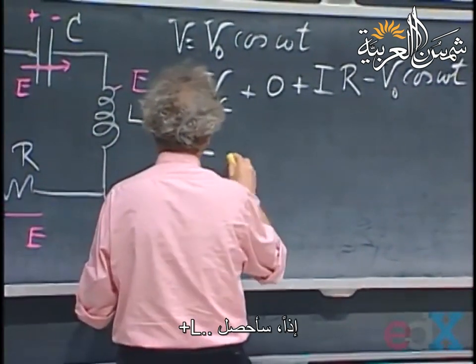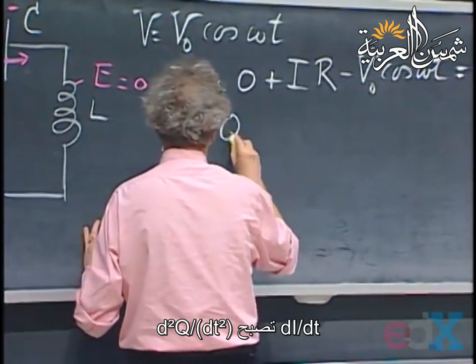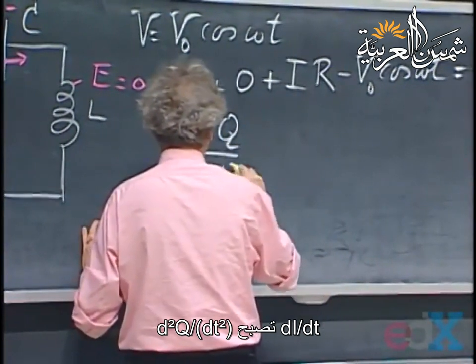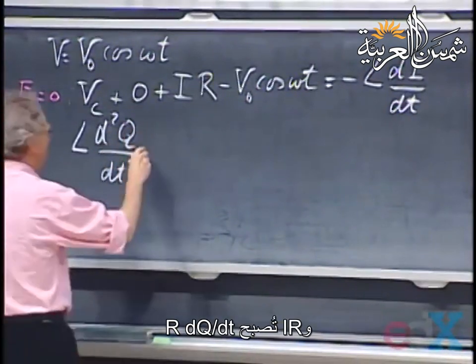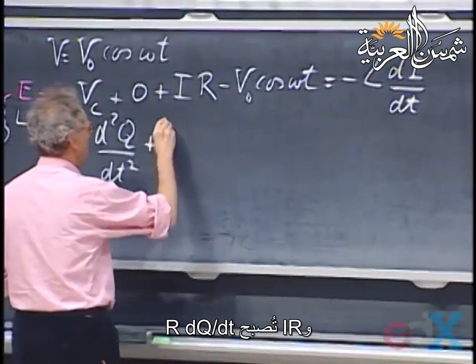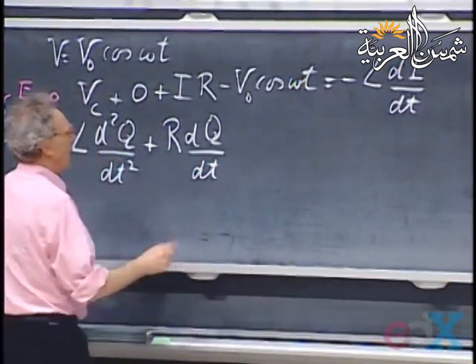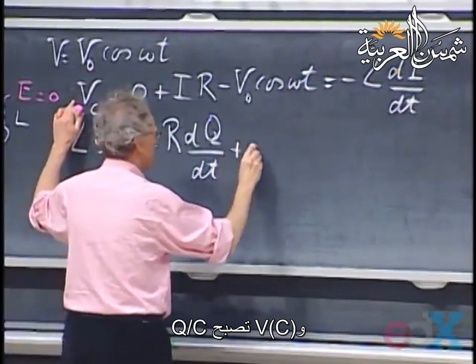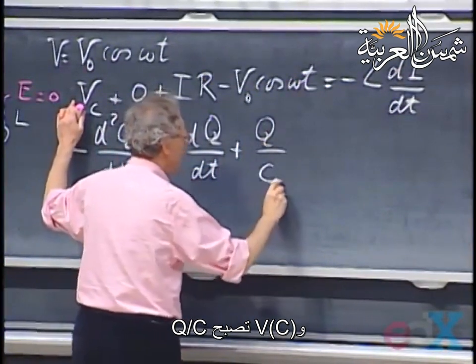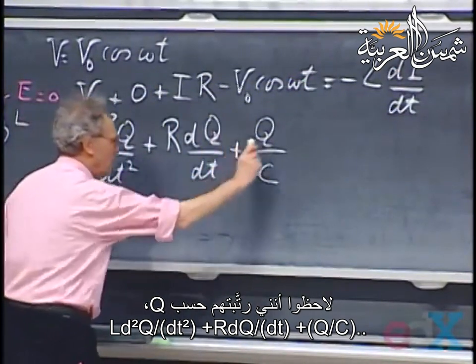So I get a plus L dI/dt, which now becomes d2q/dt squared. My goal is to get everything in terms of q. Then my IR becomes R times dq/dt, and my V of C becomes q divided by C. Notice that I ranked them in order d2q/dt squared, dq/dt, and then q.